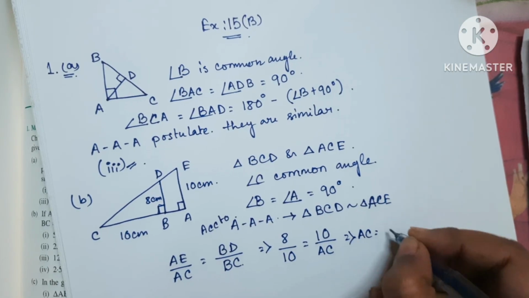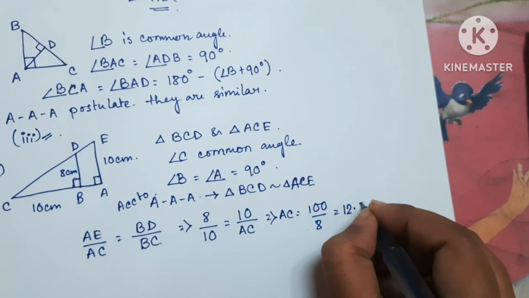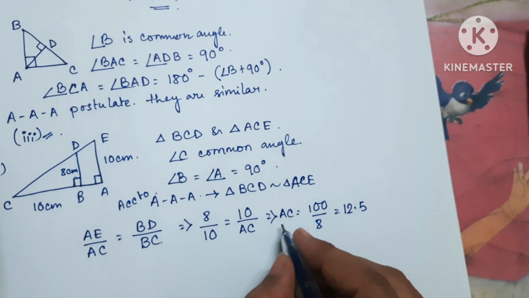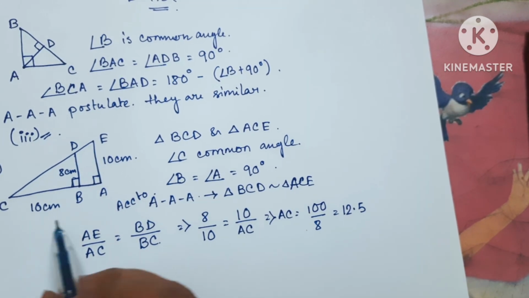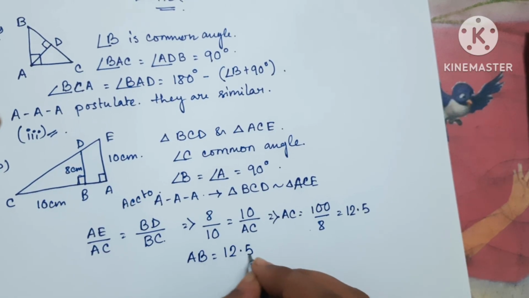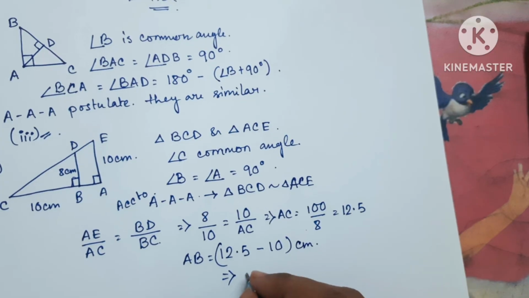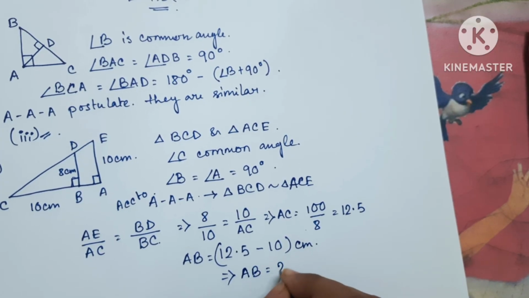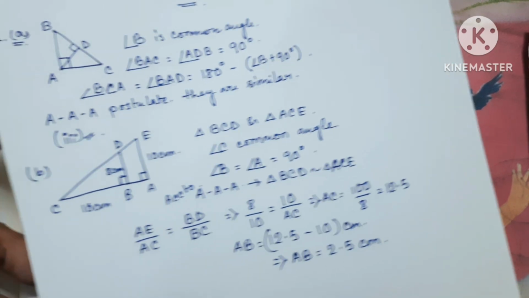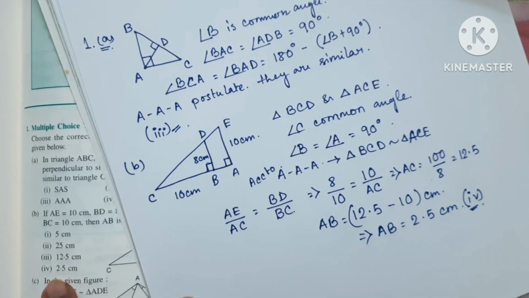So AC equals 100 by 8, that means 12.5. Okay. Now if AC is 12.5 and you know that BC is 10, so AB will be 2.5 centimeter. So option 4 is the correct answer. Yes, option 4 is the correct answer.